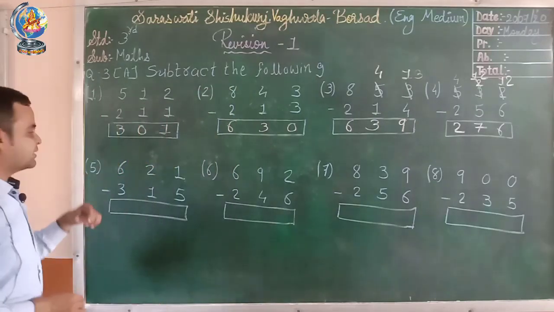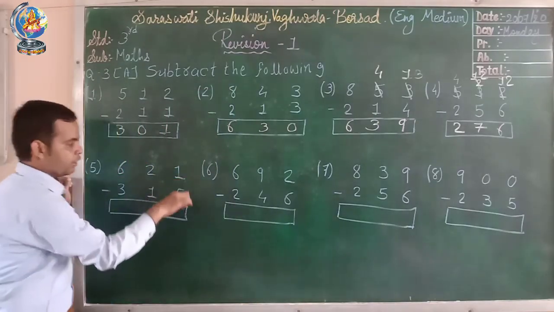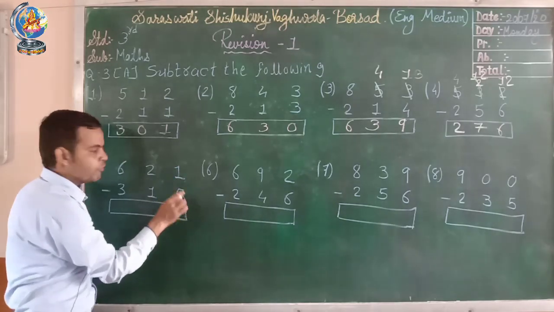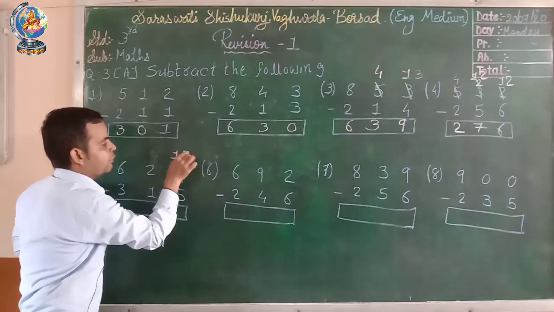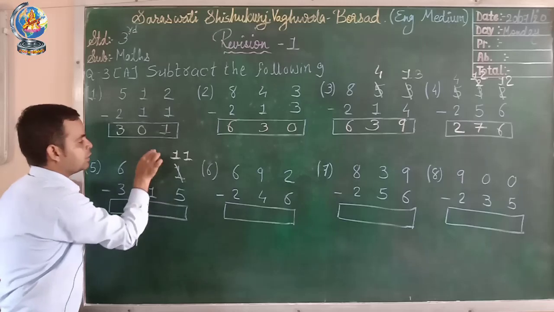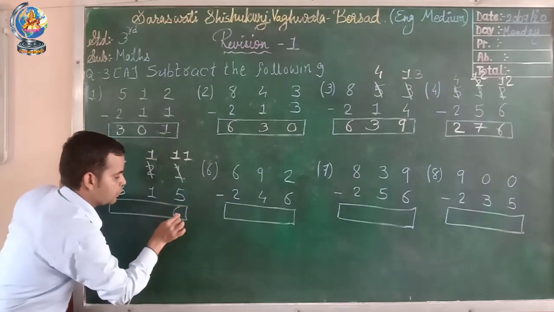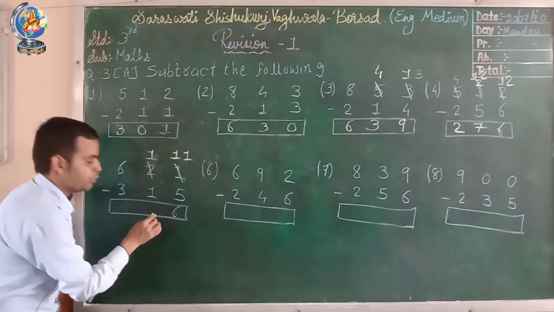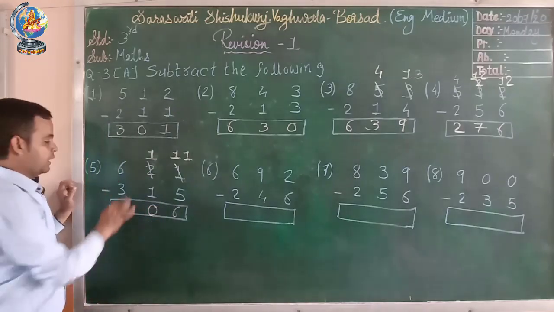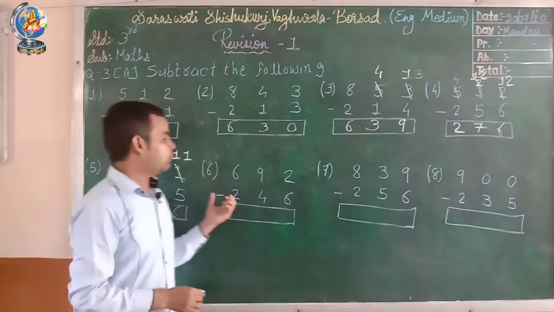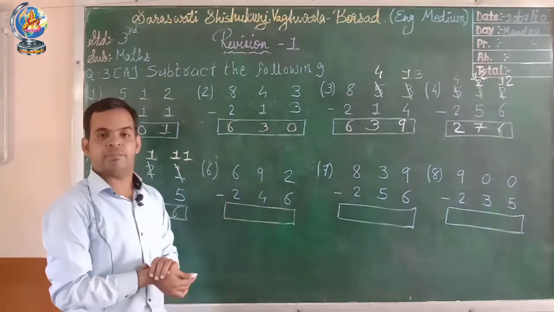Now let's see the fifth sum. 1 minus 5, possible? No. Why? Because 1 is smaller than 5, so cut 1 and write 11, cut 2 and write 1. 11 minus 5 is 6, 1 minus 1 is 0, and 6 minus 3 is 3. Now let's see the sixth sum.